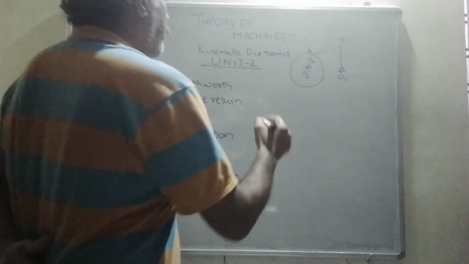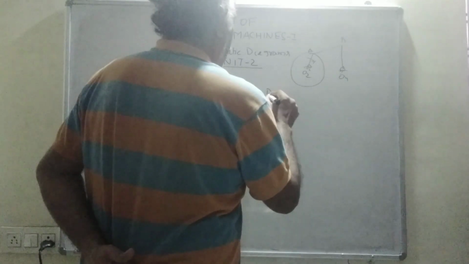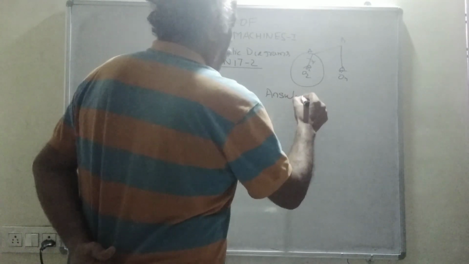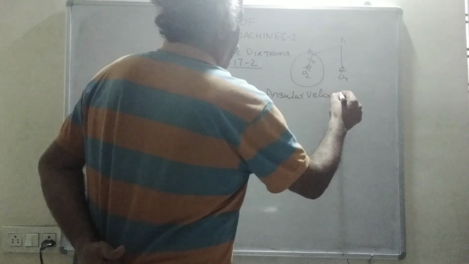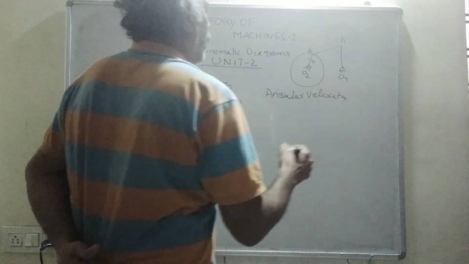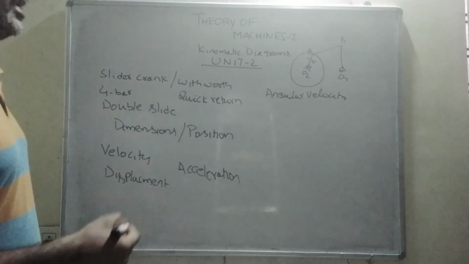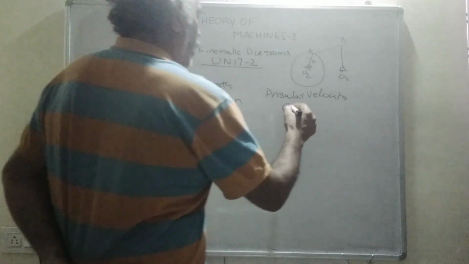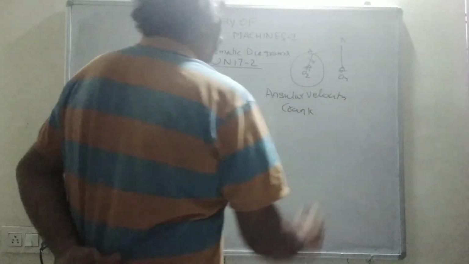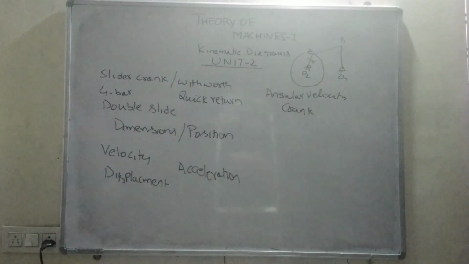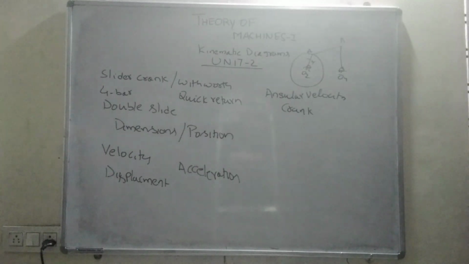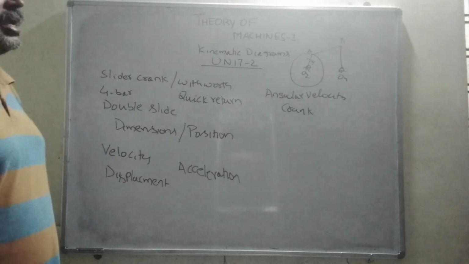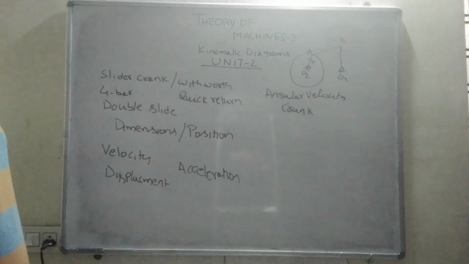So the input angular velocity of the input link or crank will be given, and you have to determine the angular velocities of the remaining links, and also the accelerations of the remaining links. You have to find out.